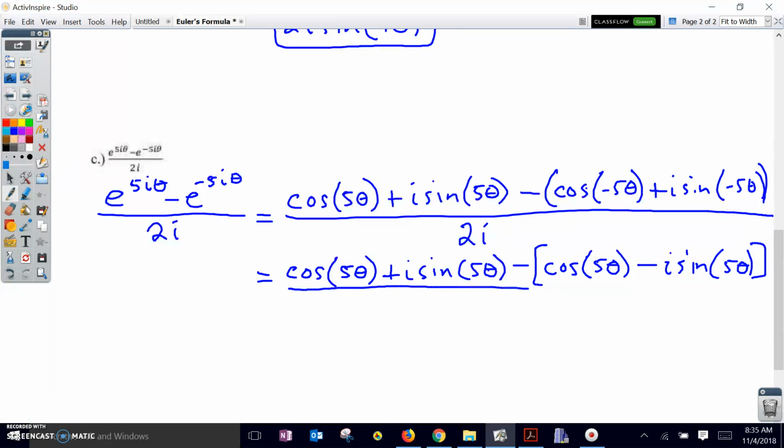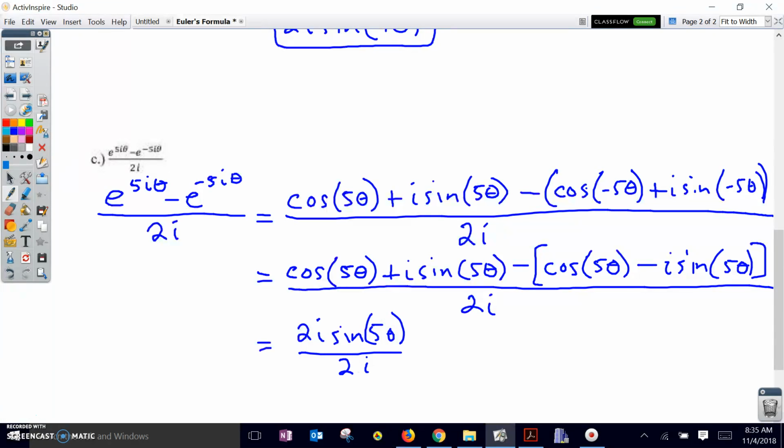We still have all of that over 2i. And then simplifying these, we end up with 2i sine of 5 theta all over 2i. And so the value of this expression is sine of 5 theta.